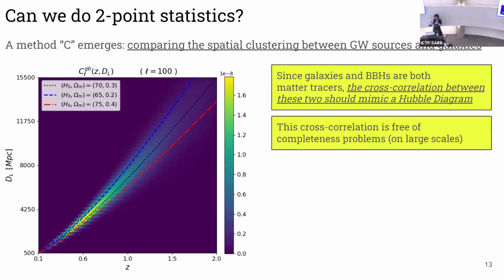Another advantage of this analysis is that it is free of completeness problems. Like I showed you with the other method, when you don't have any galaxy being your host galaxy, you have a lot of systematic problems, because you have to assume a model for the mass distribution. We don't have this problem.